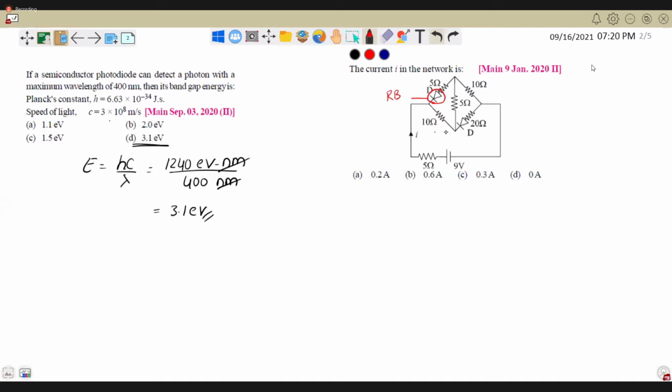The negative of the battery is connected to the positive. Is it reverse bias or forward bias?